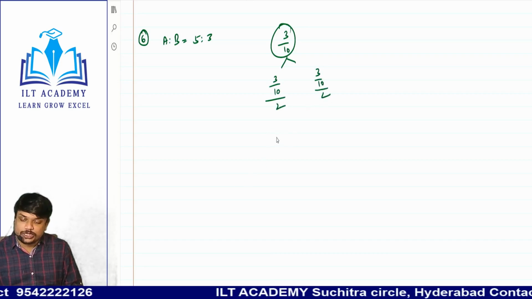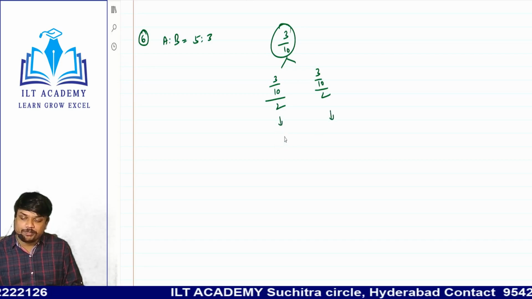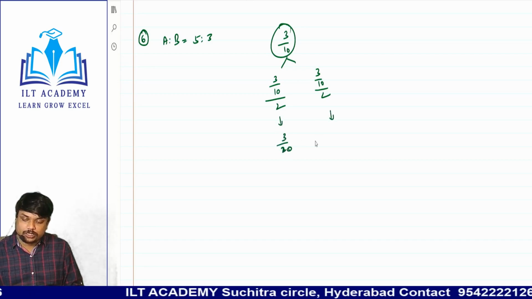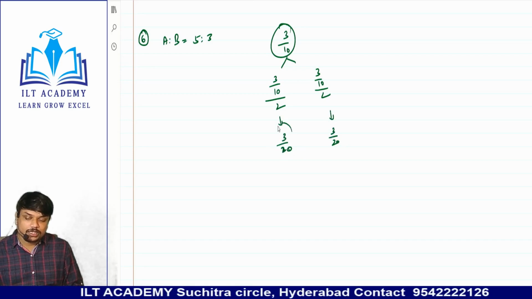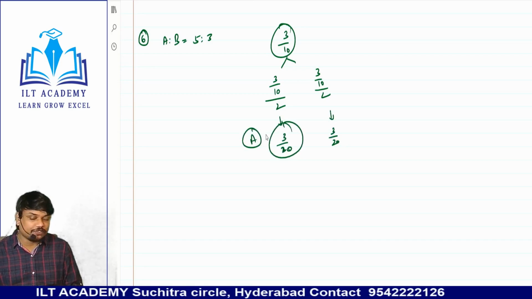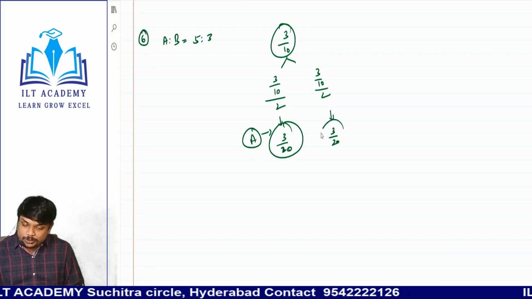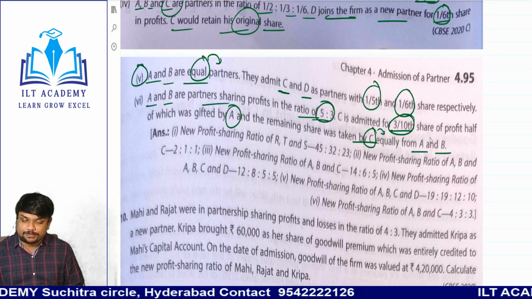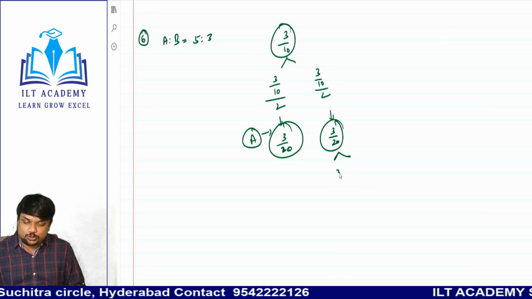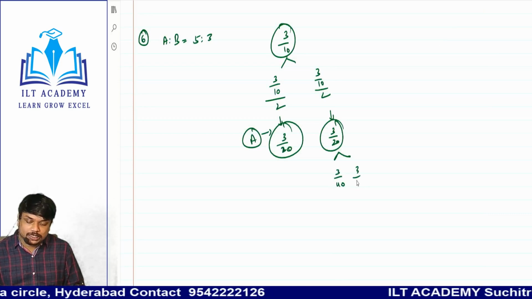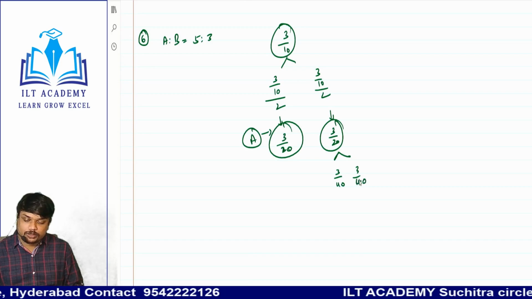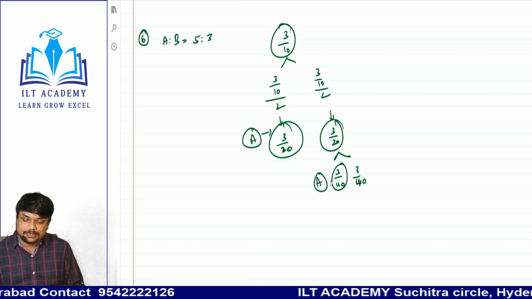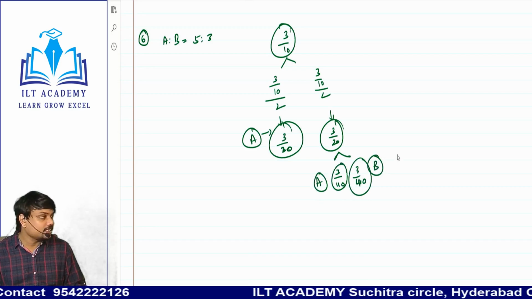Half. So it is going to become 3/20 and 3/20. Now this 3/20 A has gifted. Any doubts? Now the remaining 3/20, how did he get it? Equally. Means 3/40, 3/40. Clear? This A has given and this B has given.